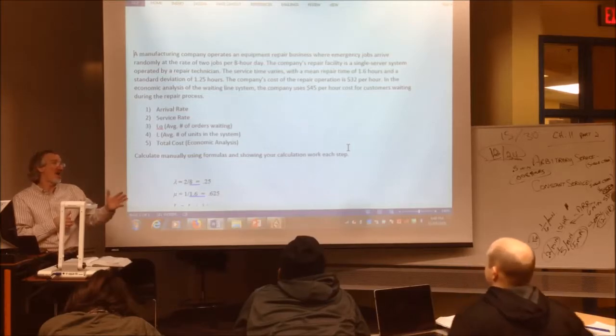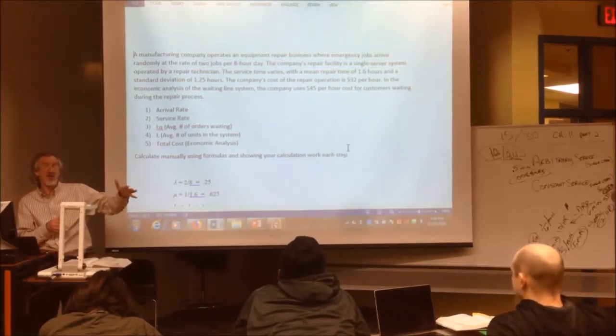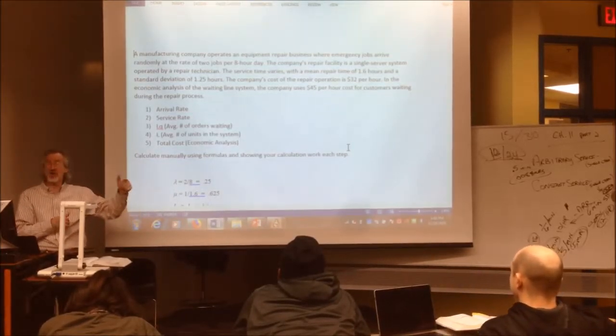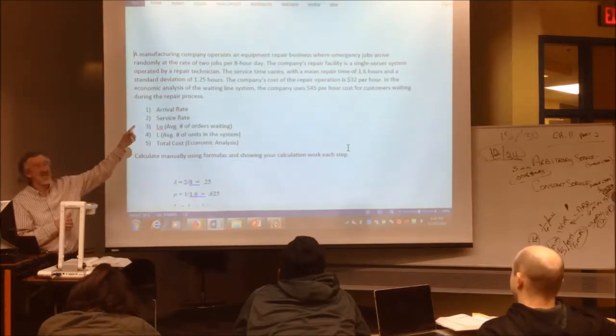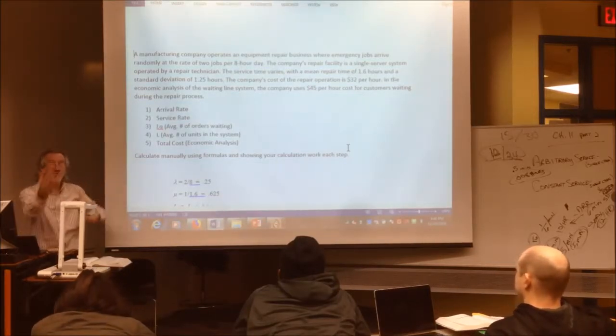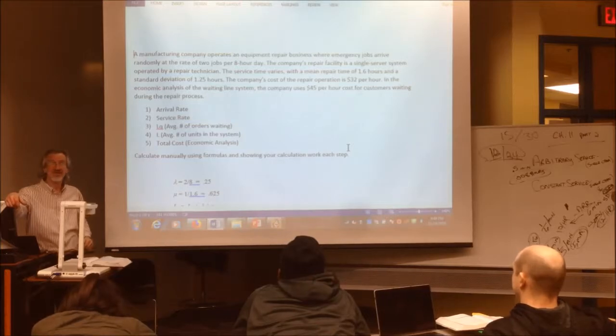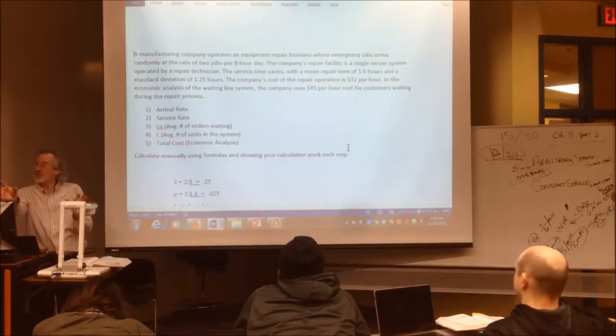If you convert arrivals to how many per hour, and service to how many per hour, standard deviation does not change. It's already given to you now. Everybody get that? That's a tough one because the arrivals being given in an 8-hour shift throws a loop in anything you've seen so far. That 8-hour shift is the unit of time. That's what makes it so weird.